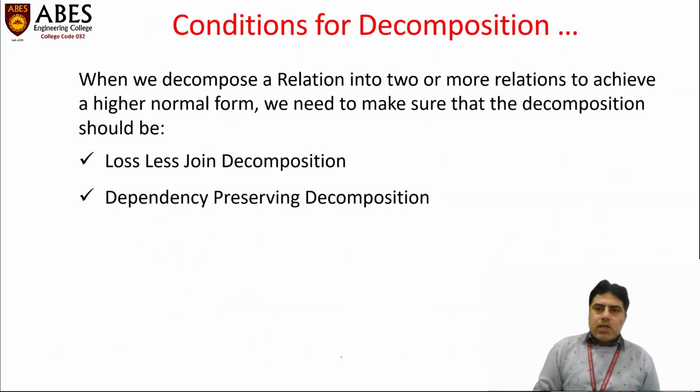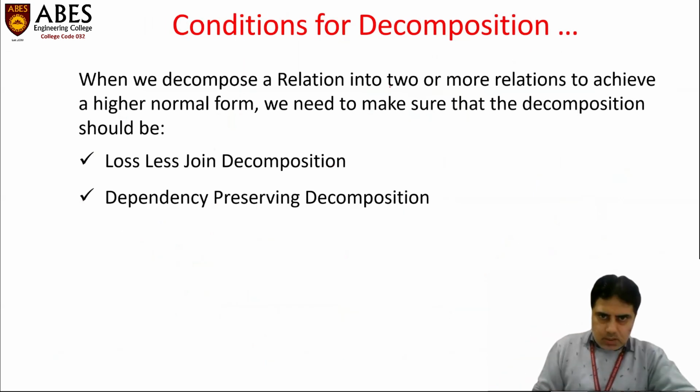Now, as per the father of DBMS, there are two conditions for decomposition. When we decompose the table into two or more relations, the decomposition should be lossless join decomposition to achieve consistency.